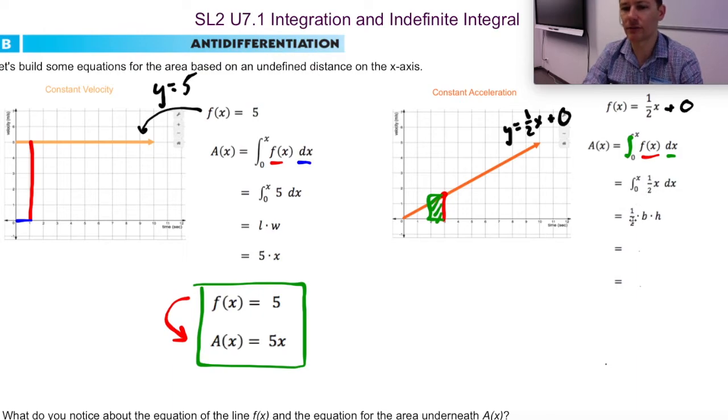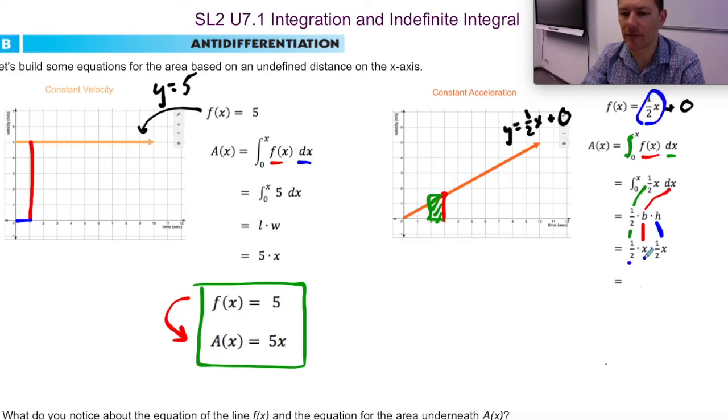We said really this was 1 half base times height. All right, and I know that this half is here. This is the base. Sorry, I'm crossing my streams. And this height, x, is just the f of x, right?